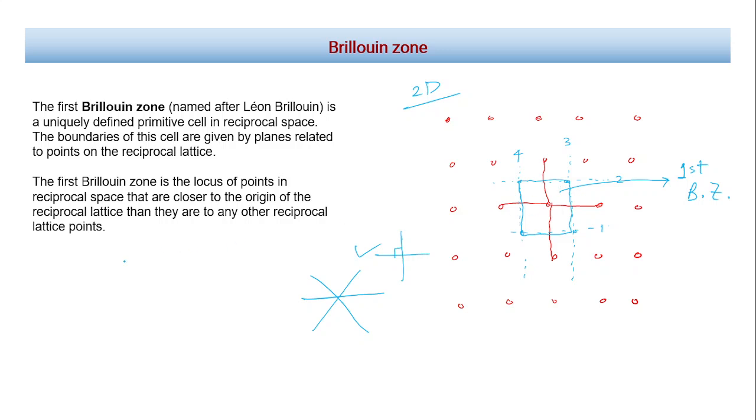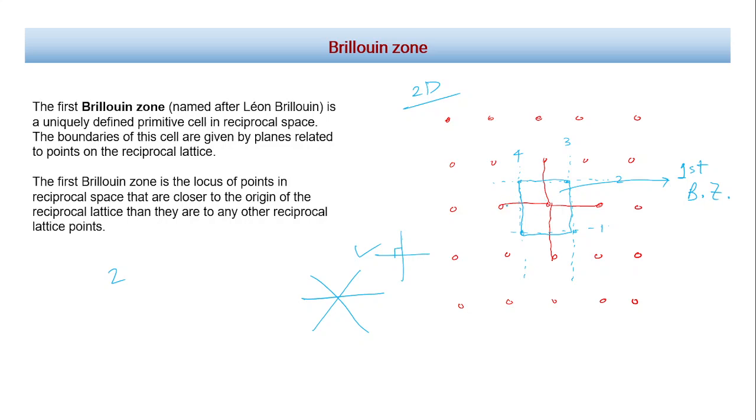Then how do we get the second Brillouin zone, because the first Brillouin zone is not the only Brillouin zone. After this comes the second Brillouin zone. How do we get that? For the first Brillouin zone, we had connected this one lattice point with its nearest neighbors. Now we'll connect the second nearest neighbor.